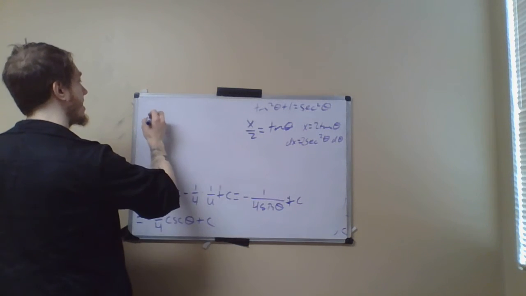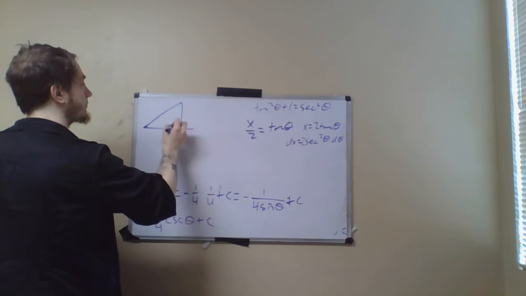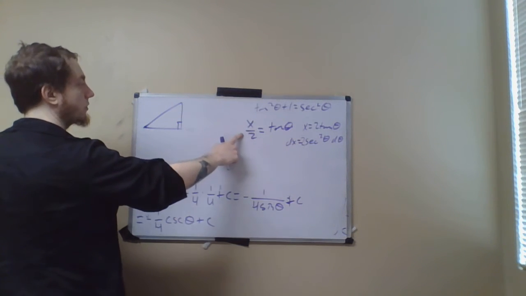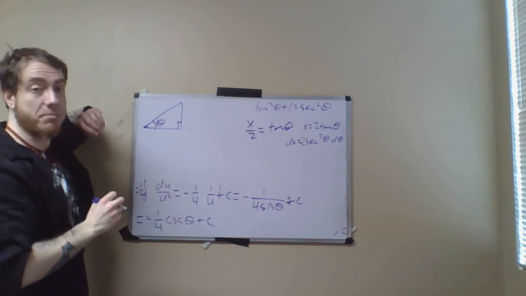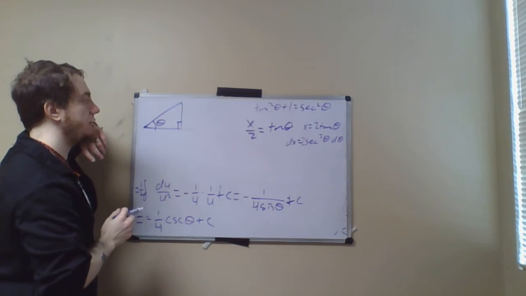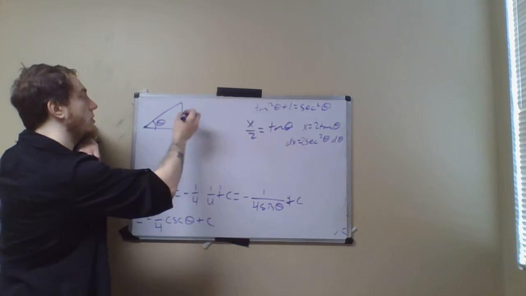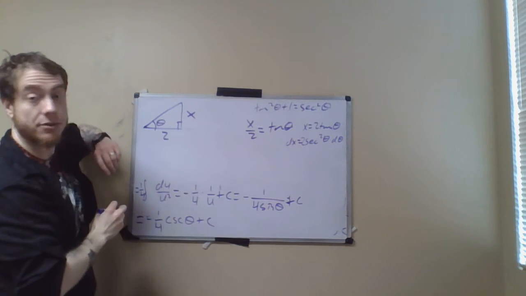But what I can do is I want to make a triangle, and I want x over 2 to be the tangent of this angle theta. Well, what is tangent? It's opposite over adjacent. So opposite over adjacent should be x over 2. Let's make the opposite x and the adjacent side length 2.